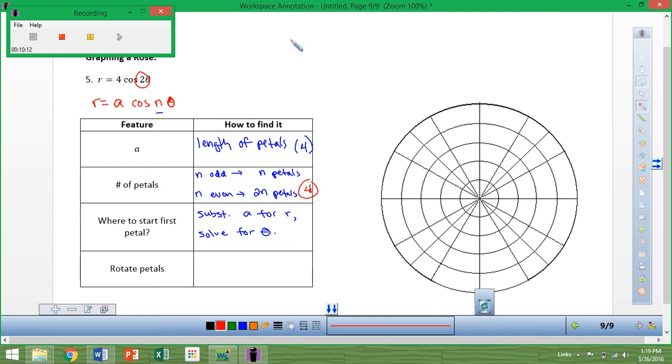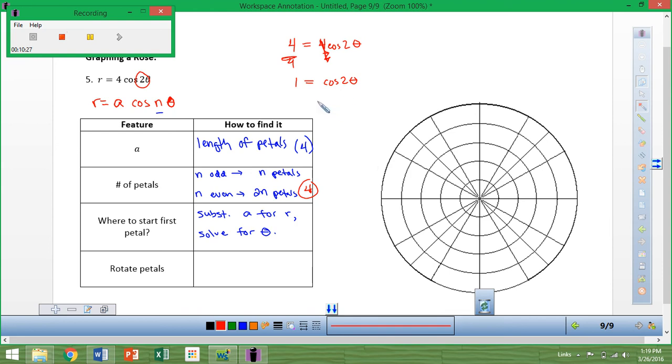So to find where to start, I'm just going to say 4 equals 4 cosine 2 theta, divide by 4, 1 equals cosine 2 theta. Now remember way back from like chapter 7, I can't divide by 2 because it's inside the cosine function.